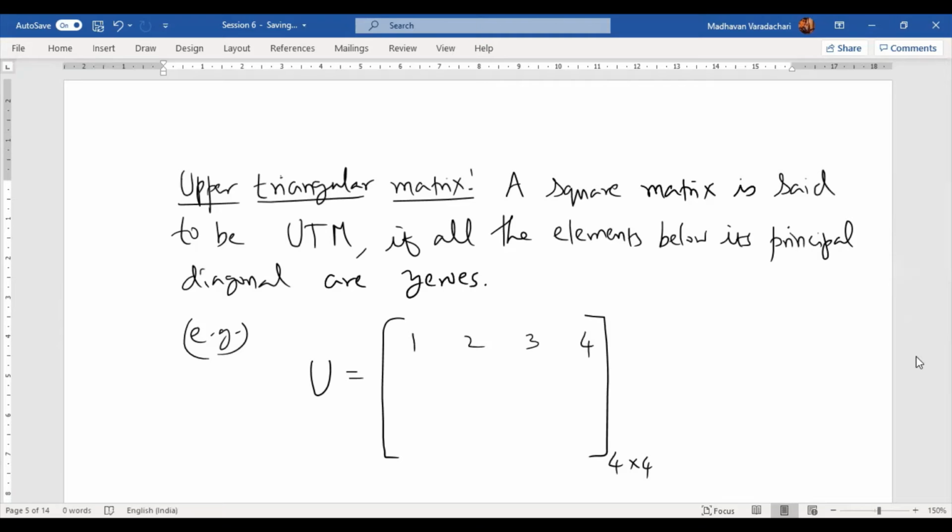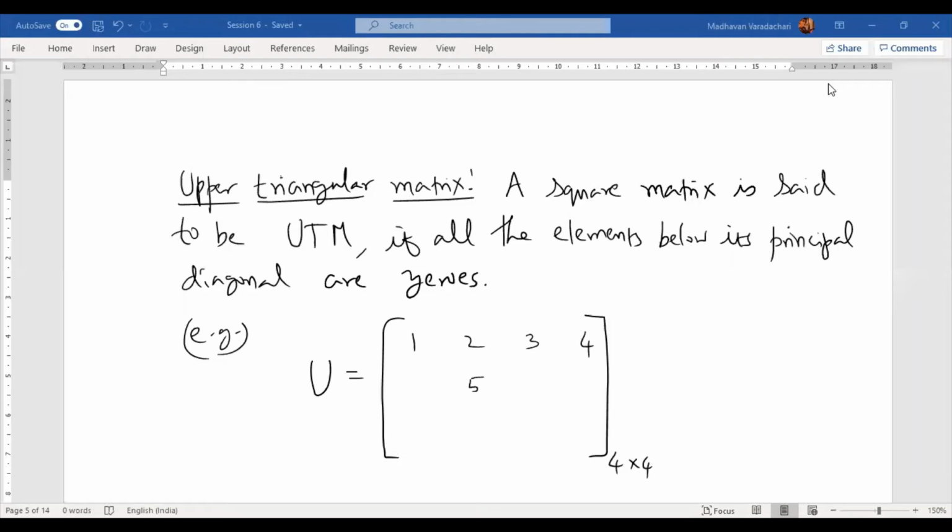Then let me draw the principal diagonal. So 1, 2, 3, 4, 5. Let me write 6, 7, 8, 9, 10. So what I did, I simply made a principal diagonal and then filled up some numbers.